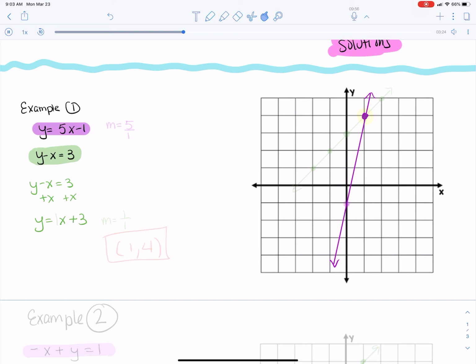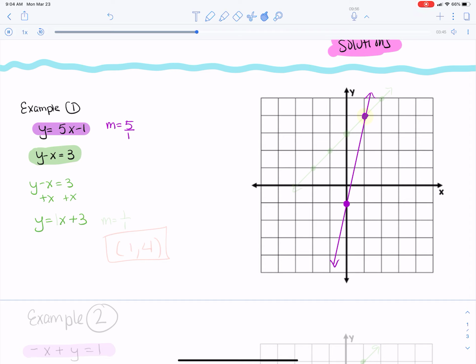Alright, so I'm going to start with the top one. So y equals 5x minus 1. Negative 1 is my y-intercept. So that means I'm starting on the y-axis, and I'm going to go down 1. So that's my first point. Now I'm going to look at my slope. So my slope is 5. Remember, slope is always a fraction, 5 over 1, so we have to make it into a fraction.